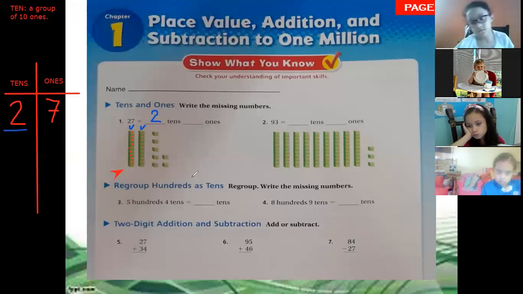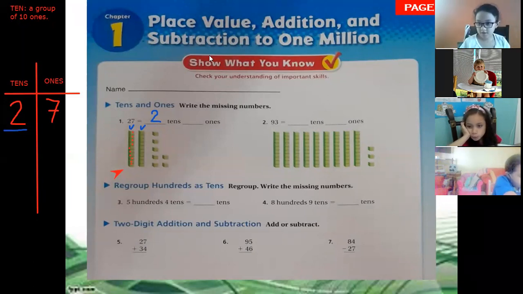My question was, 27 has 2 tens. And how many ones are in 27? Adriana? Ten, sure. Majo, how many ones are in 27?